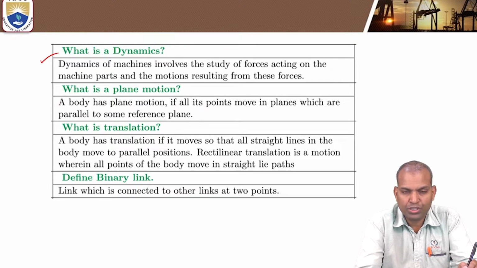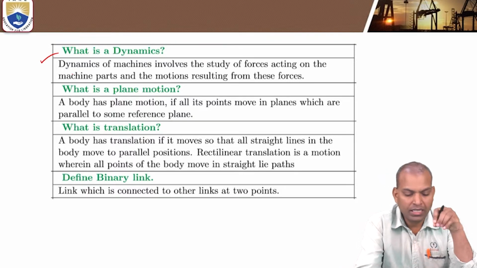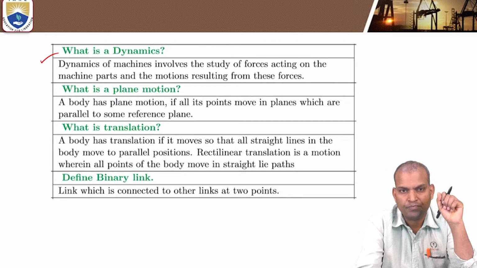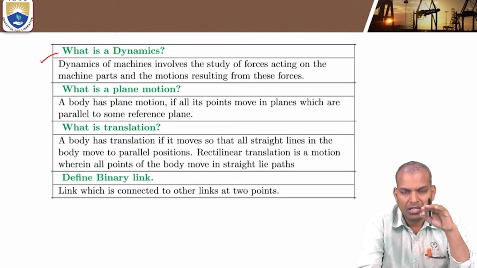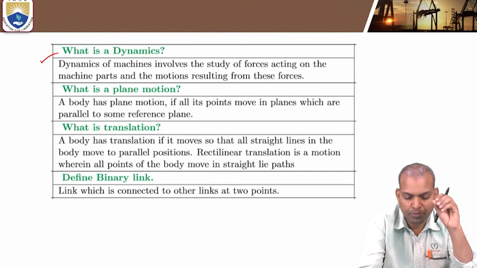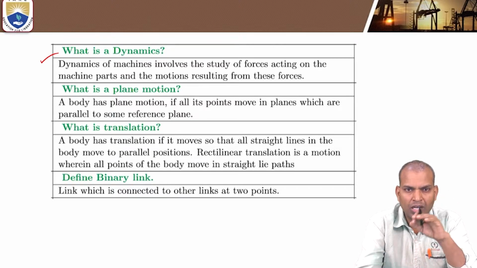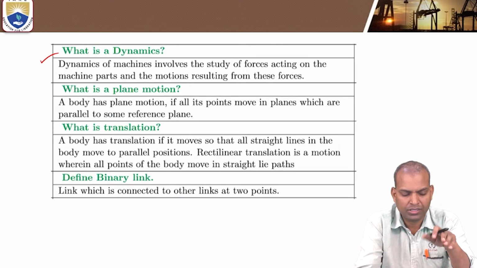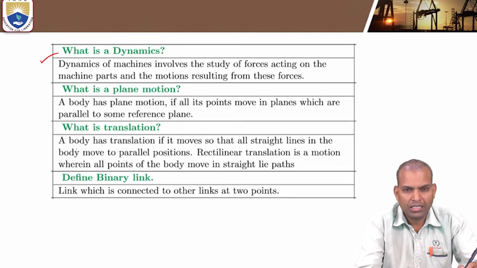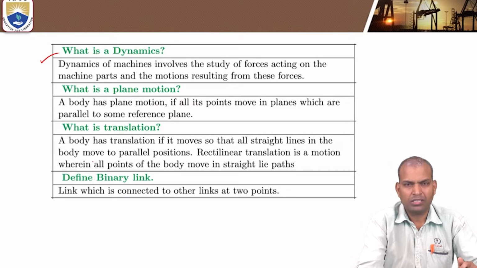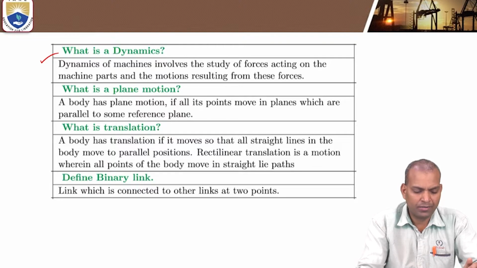So plane motion means, suppose your body is having plane motion, that body consists of whatever points, whatever links, all lying in planes which are parallel to some reference plane. So all move in plane motions. Next, coming to the various motions: rotary motion and translatory motion.